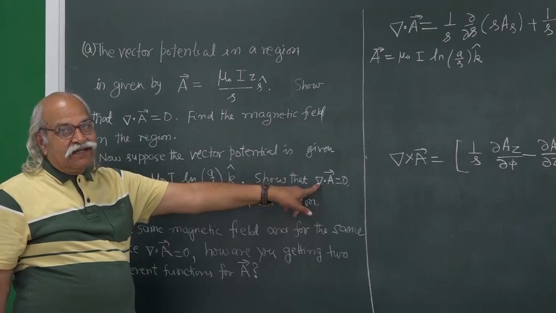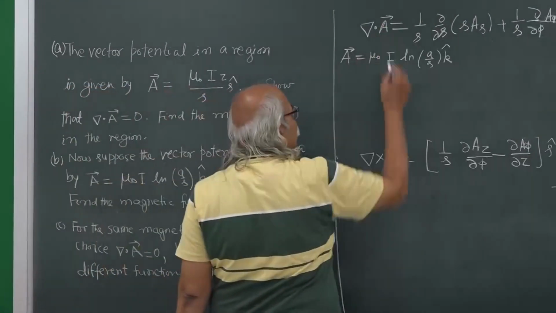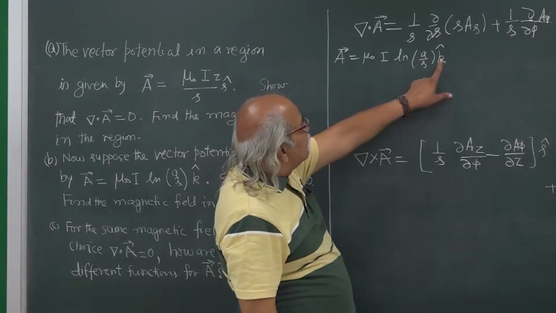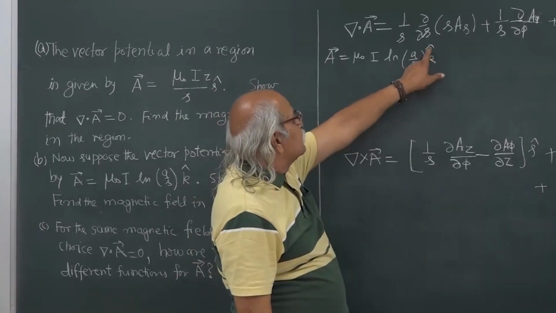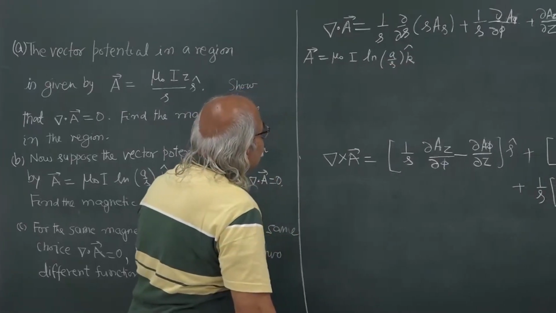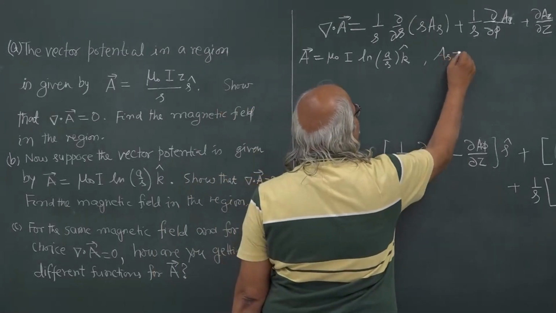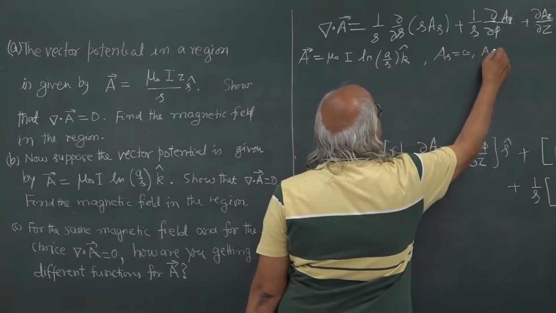So, once again the divergence of A is supposed to be 0. So, let us use this divergence of A. Now, you have only the k component, the z component, and therefore, the S component is 0 and the phi component is 0.